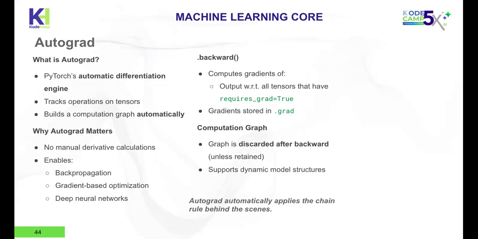But all of these are done under the hood by PyTorch using the AutoGrad module. So this enables back propagation. It allows for gradient-based optimization, and it allows for deep neural networks because then you can stack any number of layers of neurons, and you don't need to worry about how back propagation is done because it automatically does the back propagation for you.